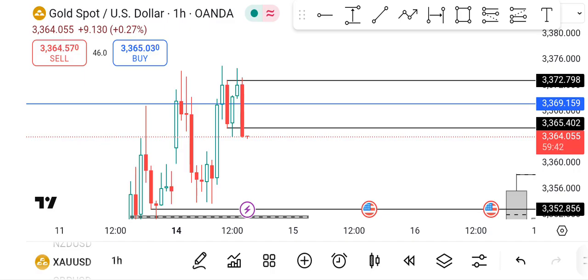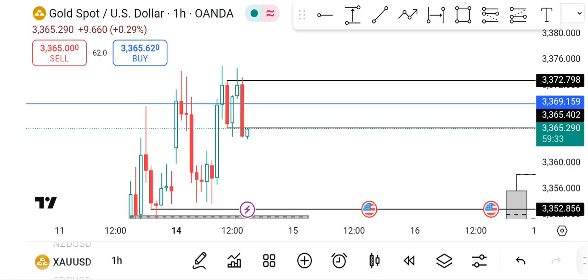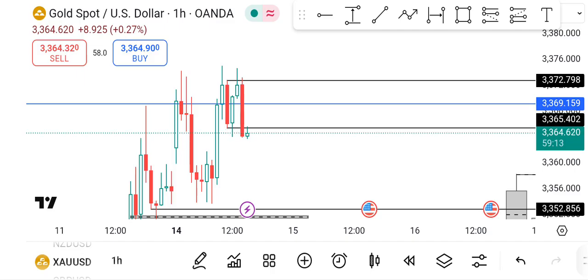The reason is that in some cases the market fails to reach the CRT high and it reverses immediately. It reaches the 50%. So it is always advisable to exit your trades when the market reaches 50% and you wait for a retest to place more positions, now targeting the CRT high.